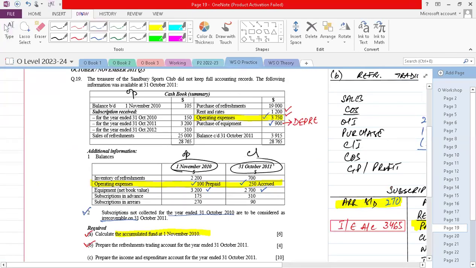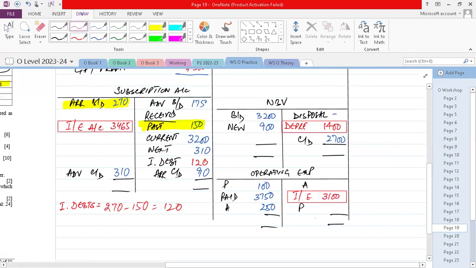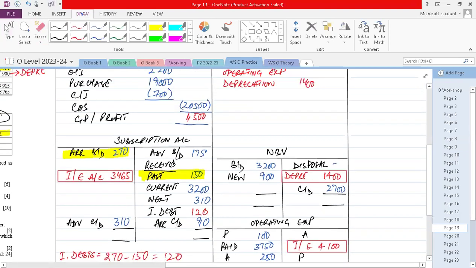Amount paid 3,750. That's it. Add the bigger side, subtract the smaller side. The amount transferred to income and expenditure is 3,100. Yes, this is 4,100. Correct answer.